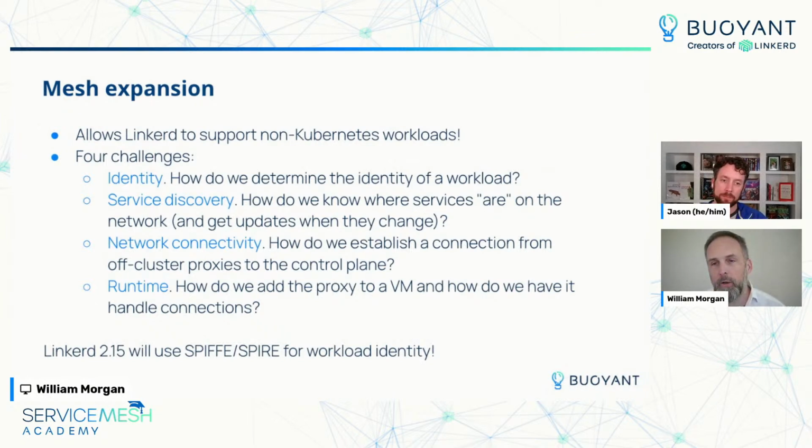The identity one is probably the most interesting from my perspective, at least. We're going to make use of a project called SPIFFE. If you're familiar with the cloud native ecosystem, that project has been around for quite a while, almost as long as Linkerd has.